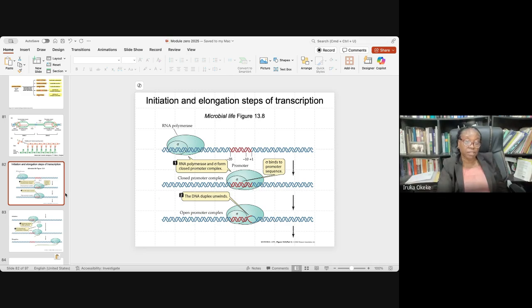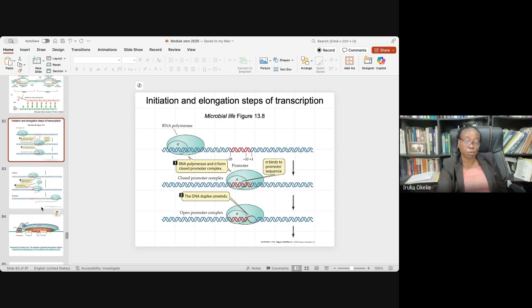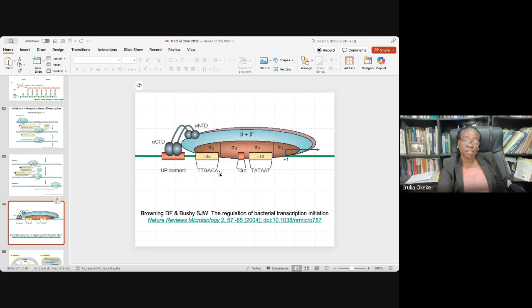Okay? Now, how does sigma find a promoter? It turns out that sigma recognizes certain nucleotides in the DNA and binds to them. Okay? So think of sigma as having 2 feet. One of the feet is at the -10 position.